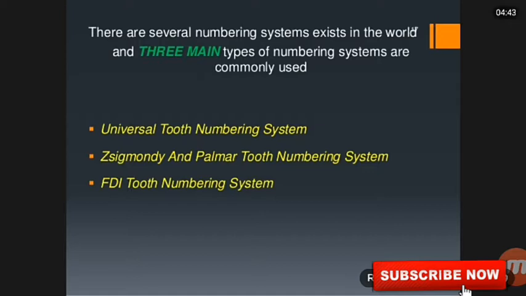Number one is the Universal tooth numbering system, number two is the Zsigmondy and Palmer tooth numbering system, and number three is the FDI tooth numbering system. Among them, the FDI system is generally the most used.